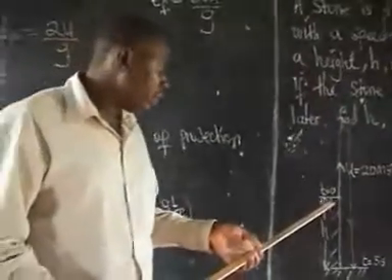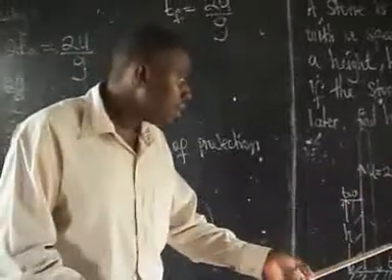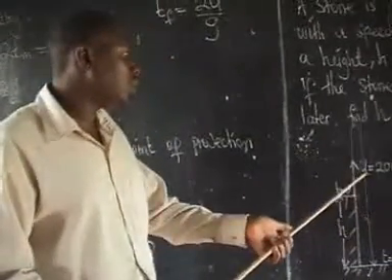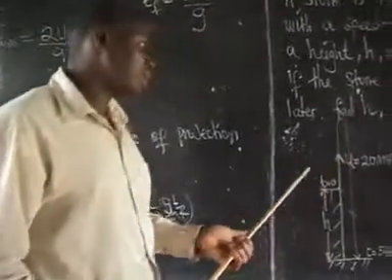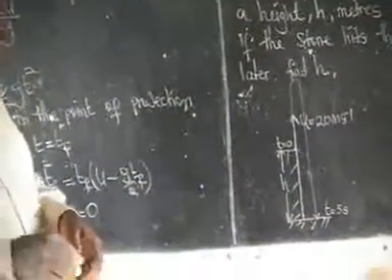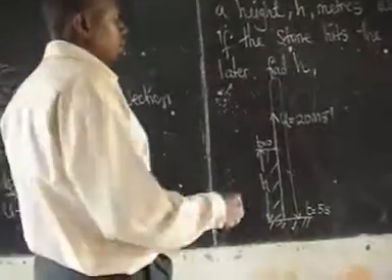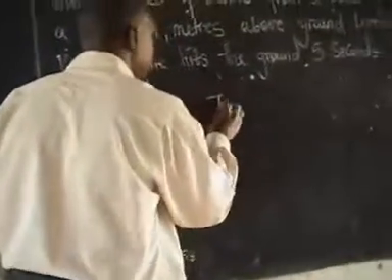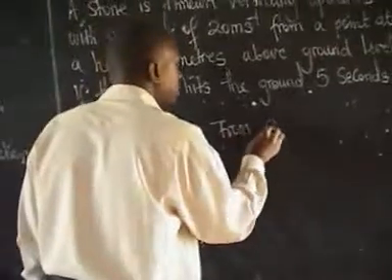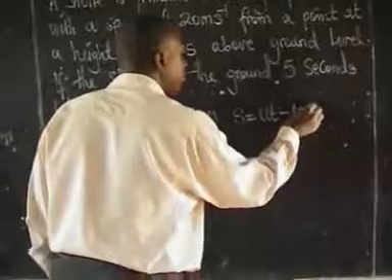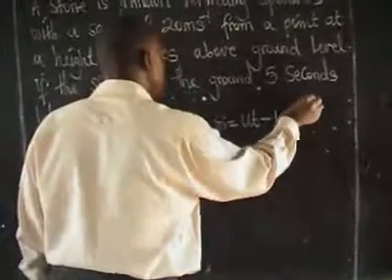If we have been given time, we have been given h and the initial velocity, we are now going to exploit the second equation. So we shall have from s is equal to ut minus a half g t squared.